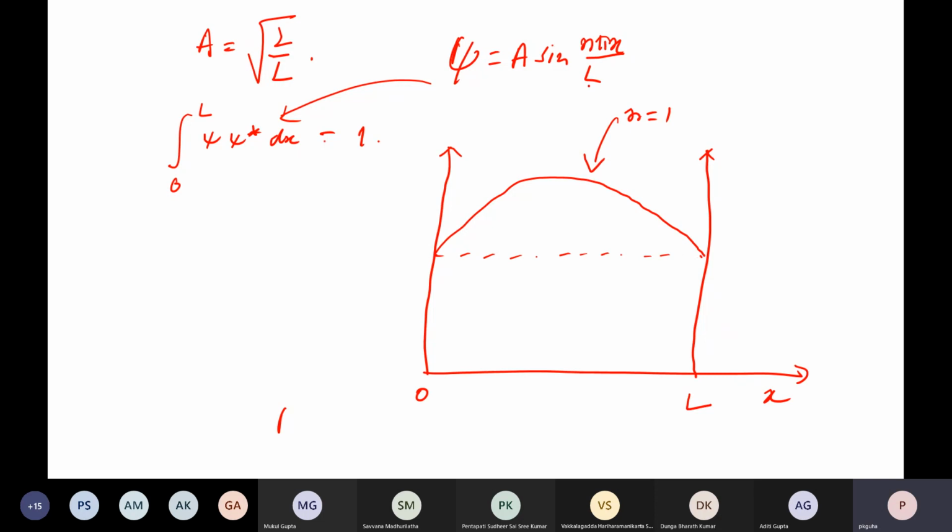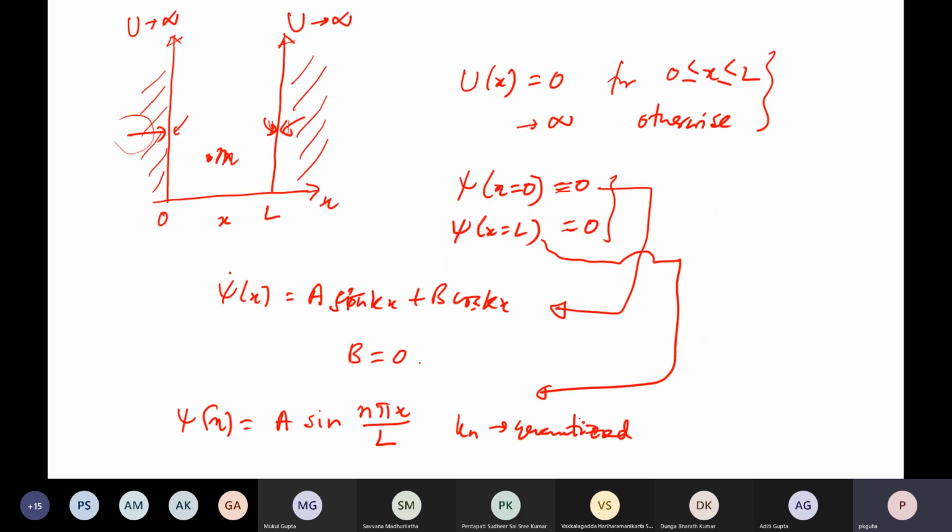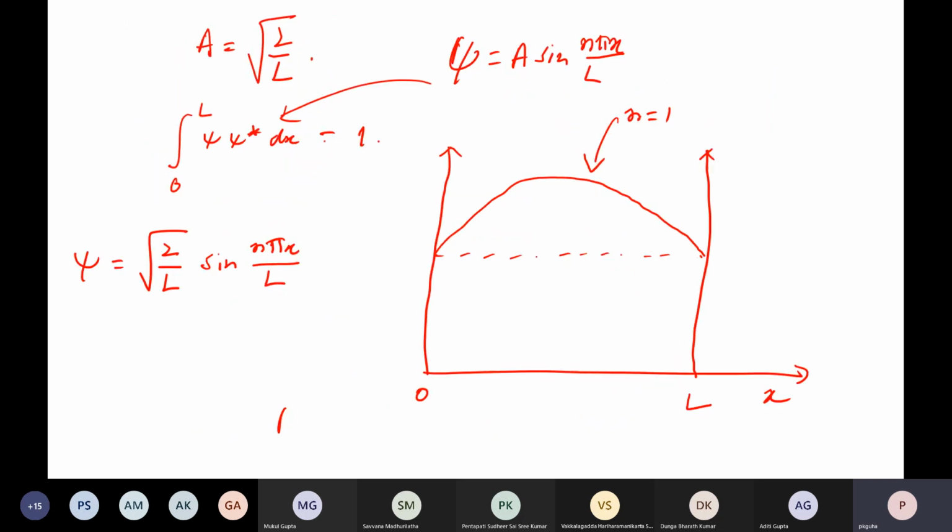You see the final solution was psi equal to sin(n pi x over L). n can't be 0, that we told yesterday, because if n equal to 0 then it will give you a trivial solution, right? n can't be 0. So n can be 1, 2, 3 and so on.